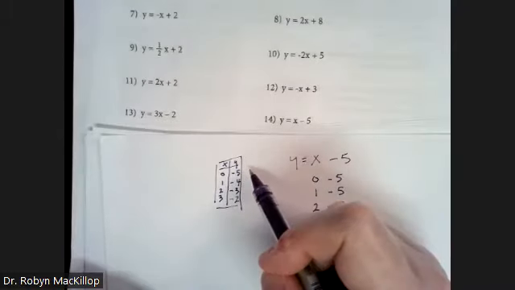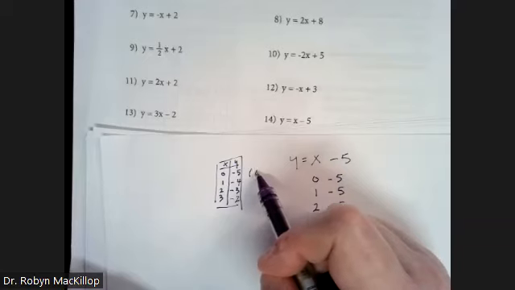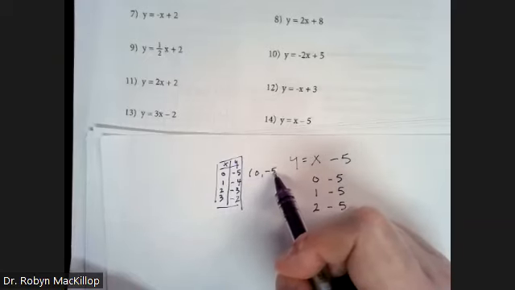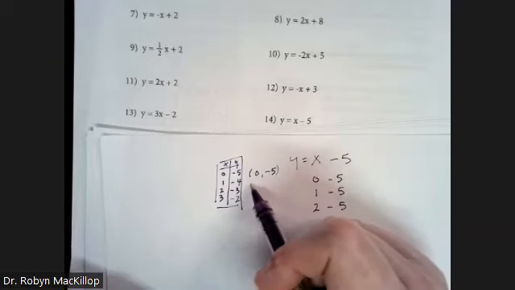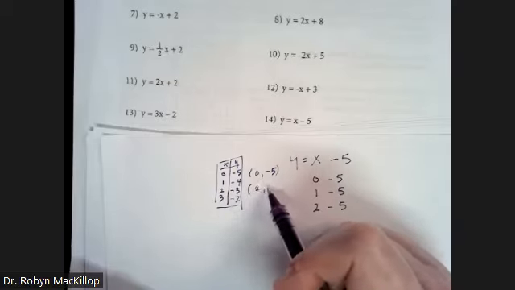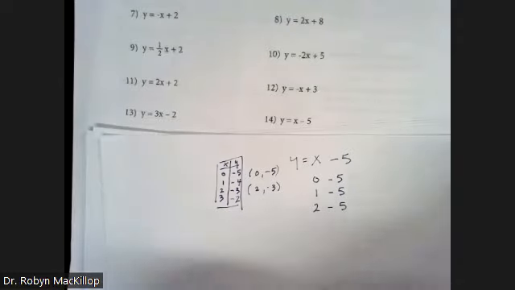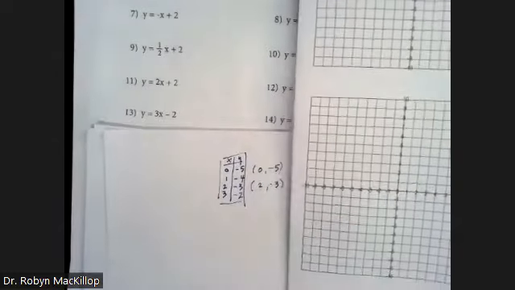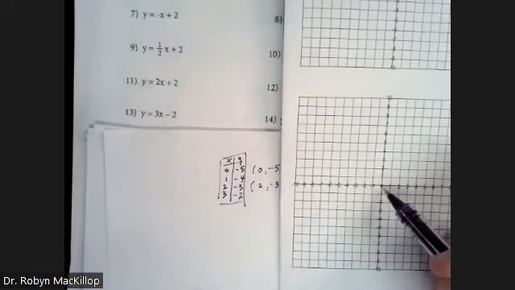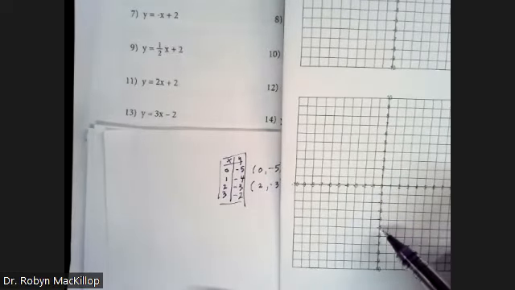So these are our coordinates. This is what we're going to plot on our graph. And I'm just going to do 2 of them this time. And I'm going to show you why you don't need to do all 4 if you don't want to. So we've got 0, negative 5. That means we're going to start at 0 for x and go to negative 5 on y.